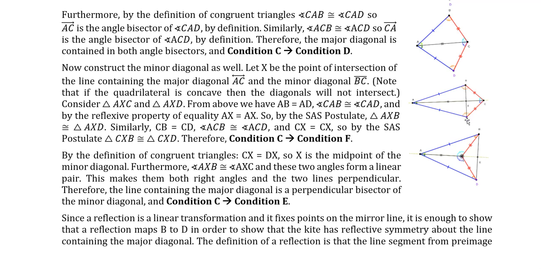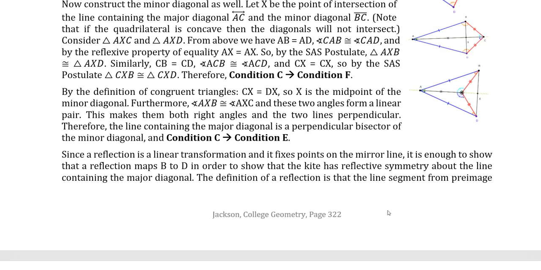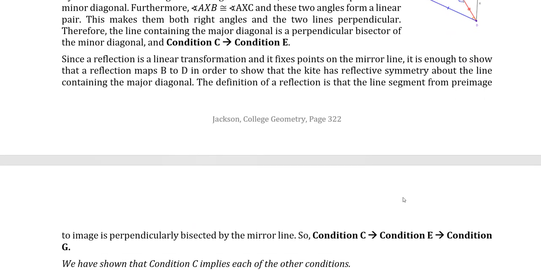It means that when you connect up the pre-image and image points, B and D in this case, the line segment from B to D is perpendicularly bisected by the mirror line. Well, that's exactly what we've already just proved. So in fact, condition C implies condition E, which implies condition G.